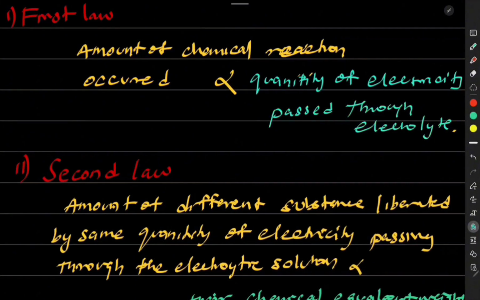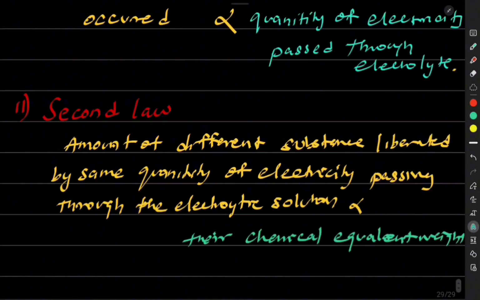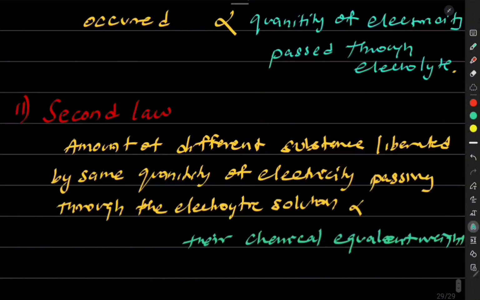The first law is the amount of chemical reaction occurred is directly proportional to the quantity of electricity passed through the electrolyte. The second law, the amount of different substances liberated by the same quantity of electricity passing through the electrolyte is directly proportional to the chemical equivalent weight. What is chemical equivalent weight?